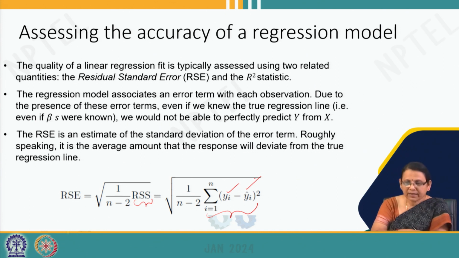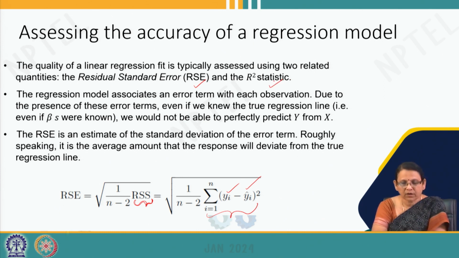So, our aim was to minimize this, and to judge the quality of the regression model, we can use this RSS in determining two related quantities. What are they? One is the residual standard error and the other is the R square statistic.